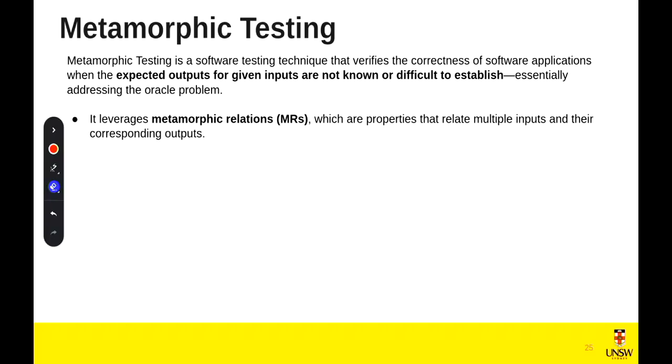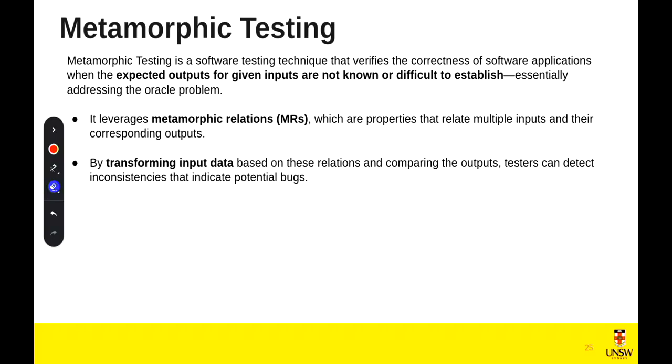It's like some kind of equivalence or internal connection between inputs and outputs that we use to check the correctness of the program. Don't worry about the definition. We will learn some practical examples later.